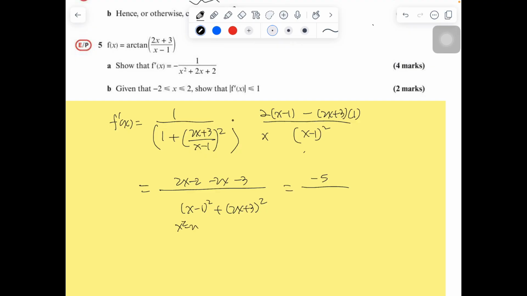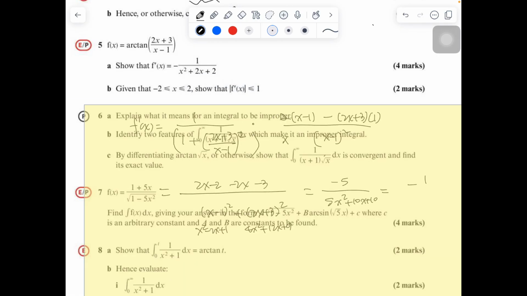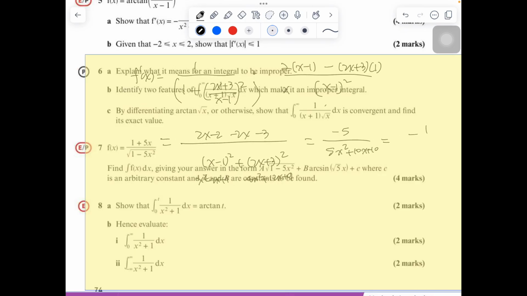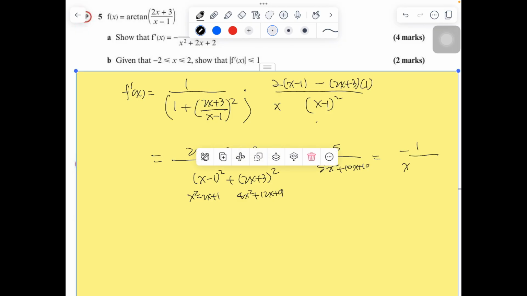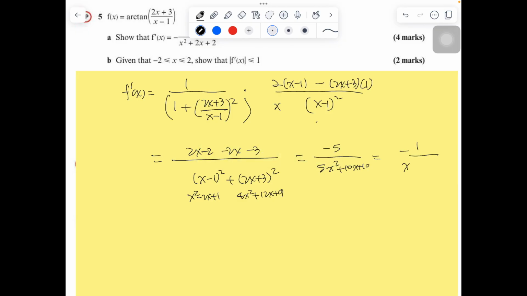Here x squared minus 2x plus 1, 4x squared, 12x plus 9, 5x squared plus 10x plus 10. Oh, that's why. Negative 1 over x squared plus 2x plus 2. And for part b, f prime of x is like this.